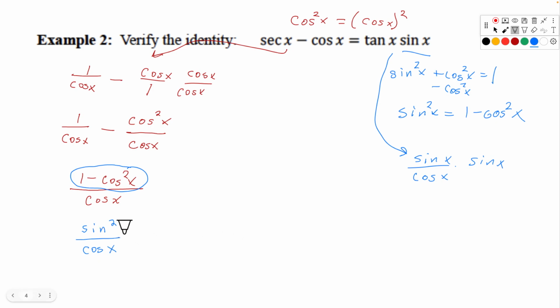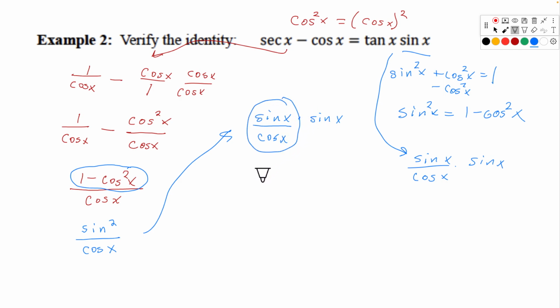I'm not really going to put equals, but I could rewrite this, let me bring it up here, as sine x times sine x, and I could put it over cosine x, and then what's sine squared over cosine? There's my tangent times sine x. Boom, I'm done.